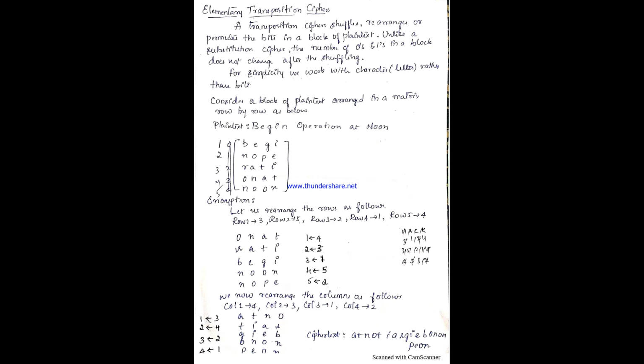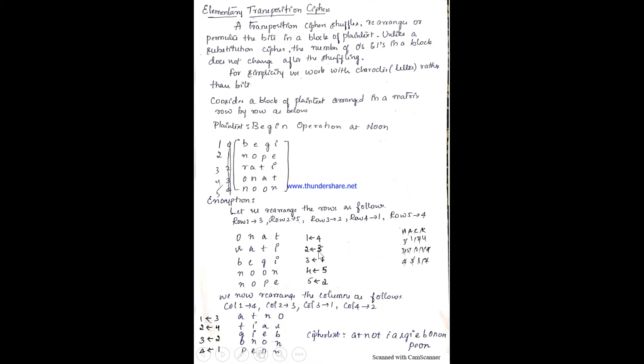In this example, I'll make the 4th row the first row, the 3rd row the second row, the 1st row the 3rd row, the 5th row the 4th row, and the 2nd row the 5th row. The 4th row, ONAT, I'll write in the 1st row.